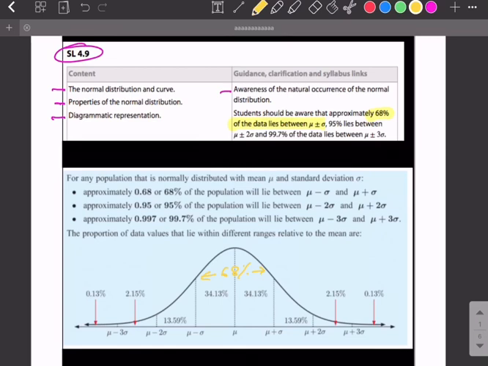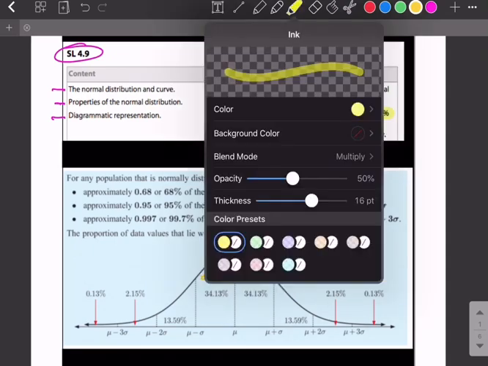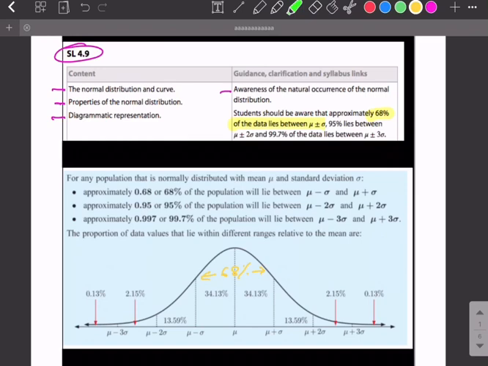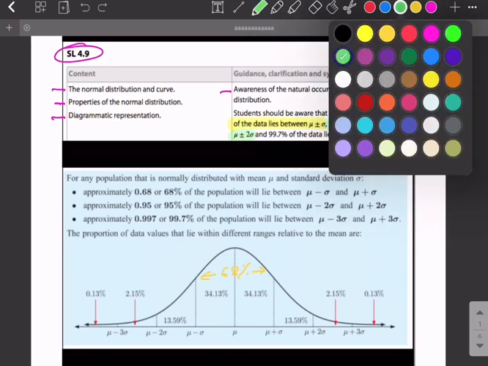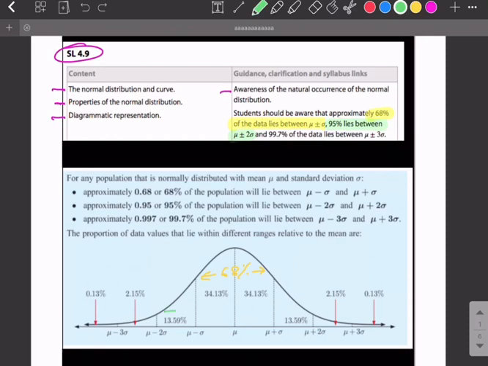Now the next thing you need to know is that 95% is within two standard deviations. So that means that within two standard deviations you have 95%.